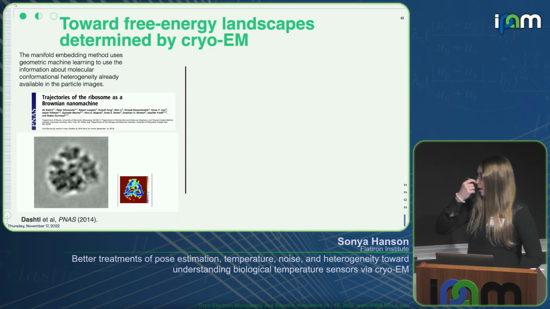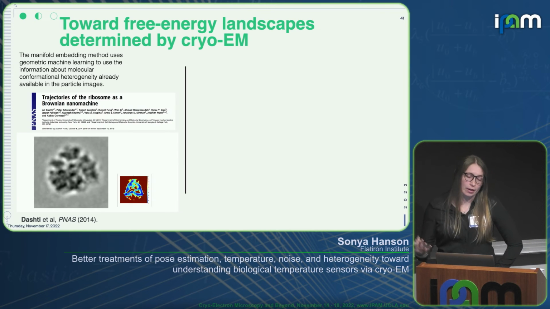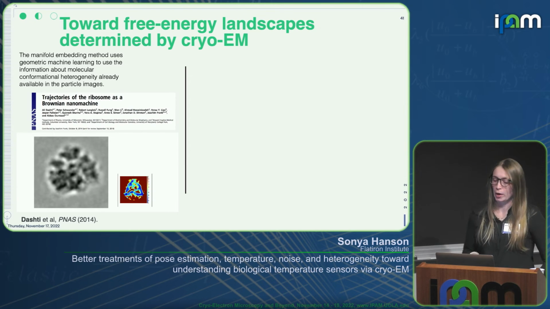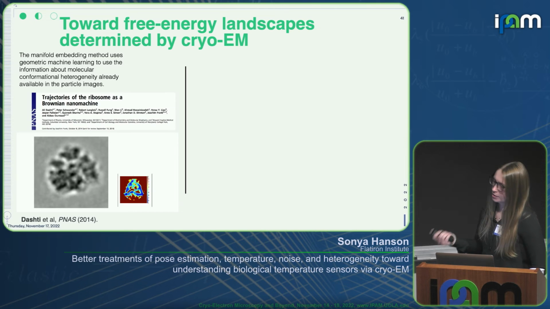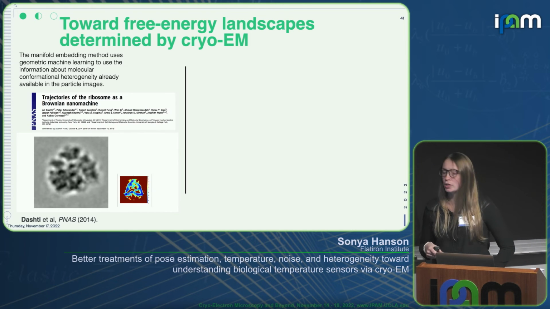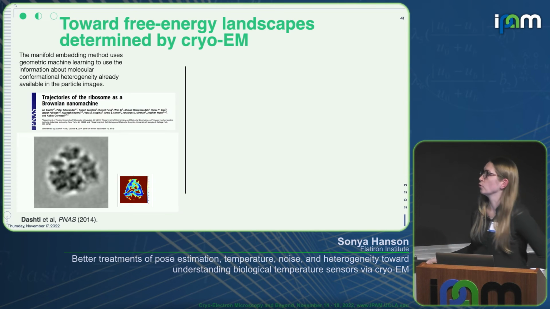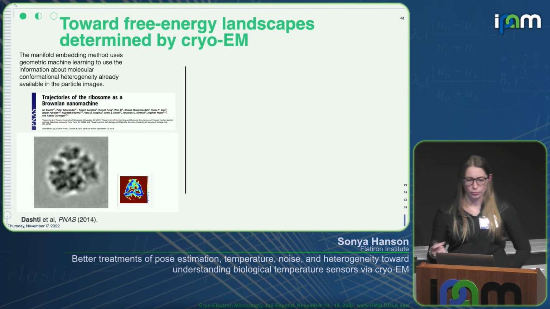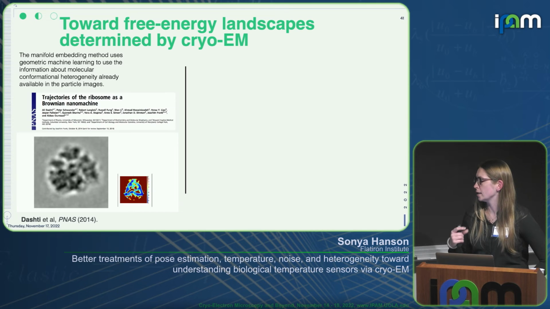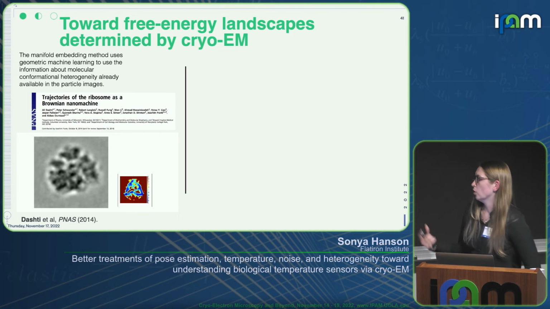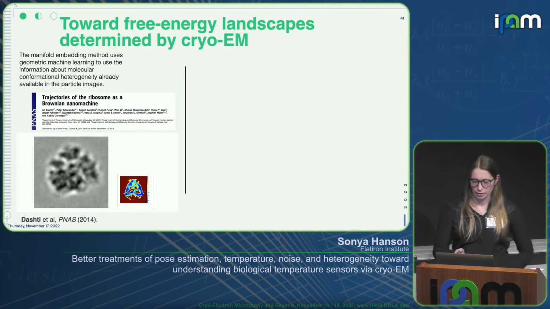A few people have already talked about manifold embedding here, and this is the method I'm going to talk about in more detail, to try and get us toward free energy landscapes of these biological macromolecules and allow us to not discard all these other states that we see in our data sets.